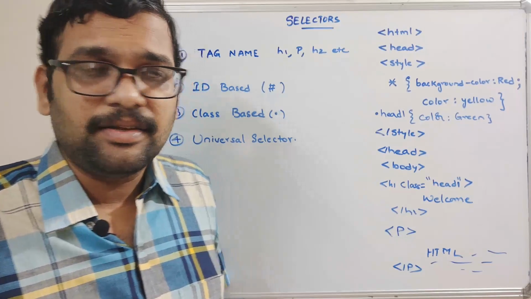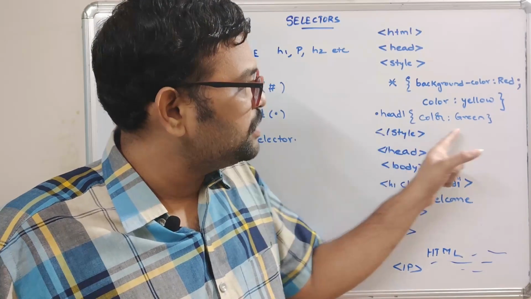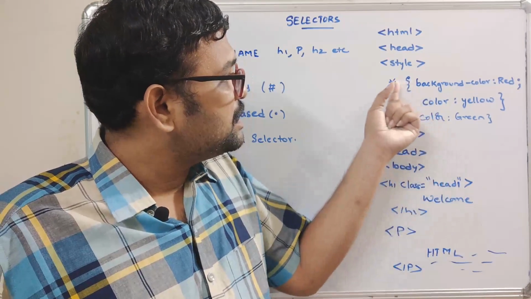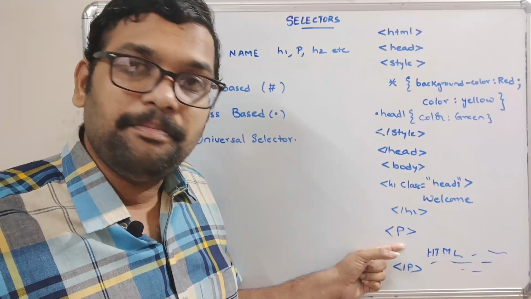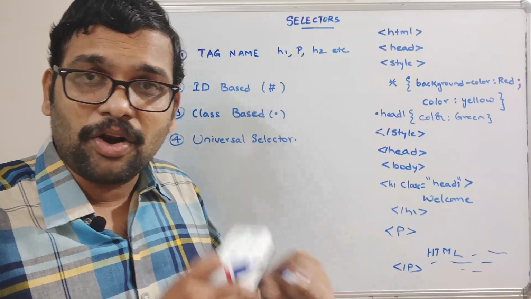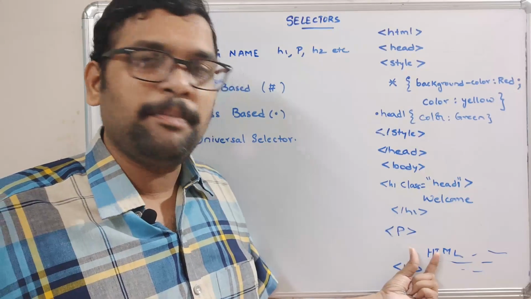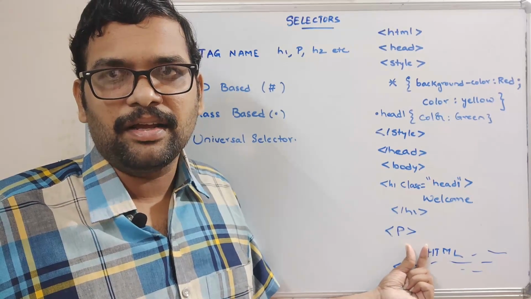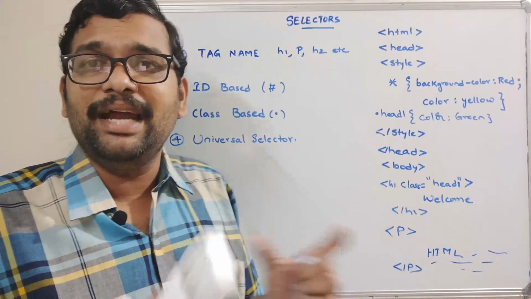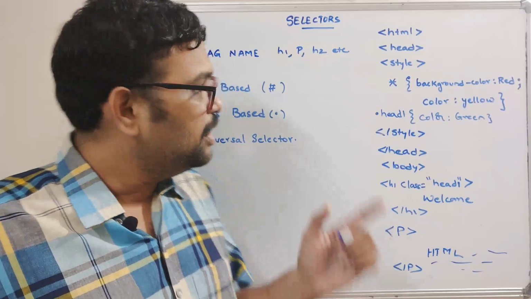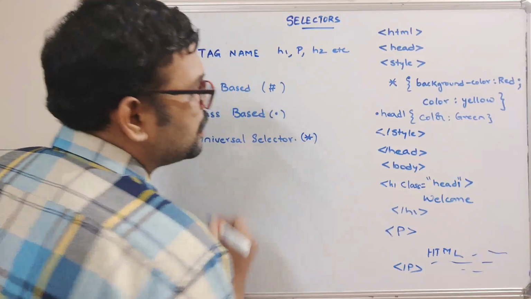Here h1 has the class head1 and we are writing some CSS for this head1, so this star will not be applicable for this h1. In the paragraph tag we are not giving any ID or class, so the universal selector will be applied for this P tag. That means this style will be applicable for all the content without any ID or class. This is how we can use the universal selector, that means a star.